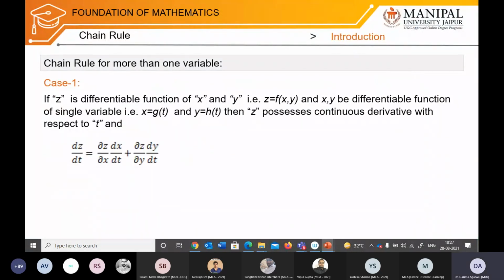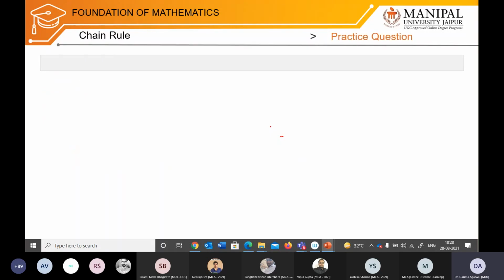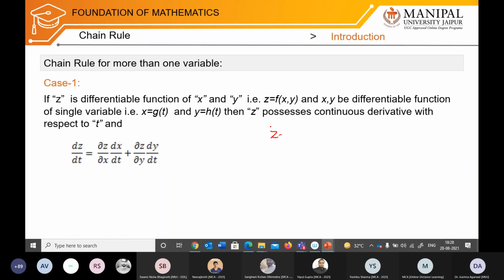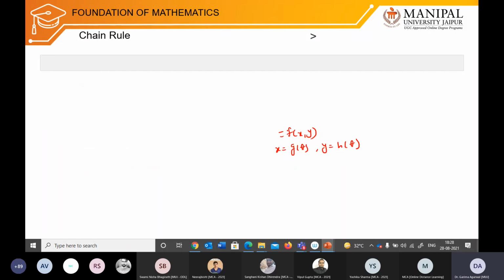So the next is chain rule. Let's say Z is a function of X and Y, X is a function of T, and Y is a function of T, right?